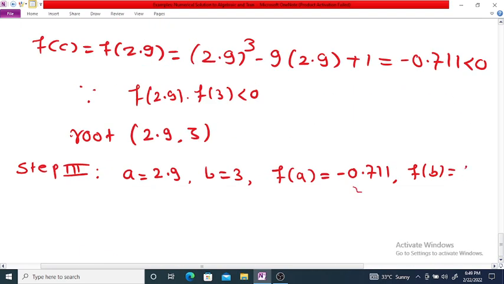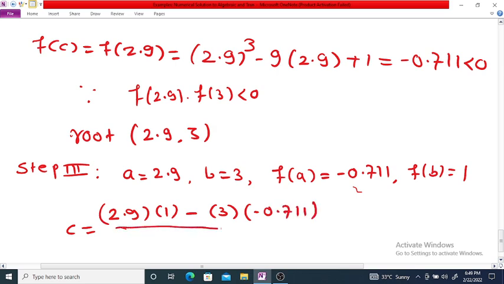So now again, c is equal to (a f of b minus b f of a) divided by (f of b minus f of a), with f of b being 1 and f of a being minus 0.711. So c is equal to 2.9416.